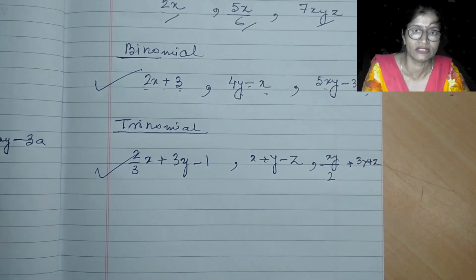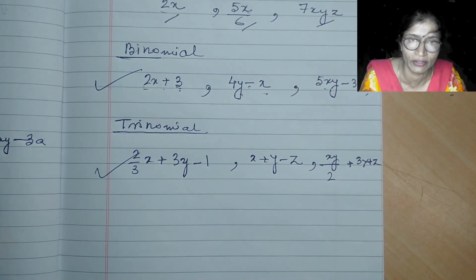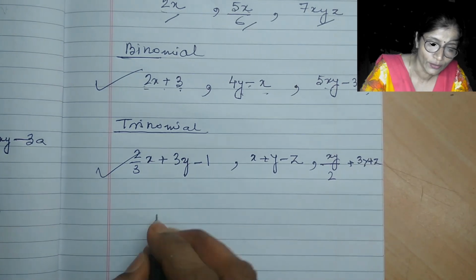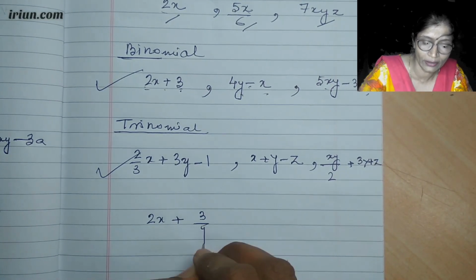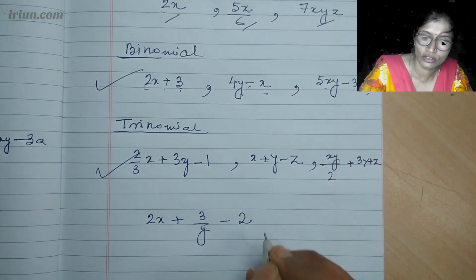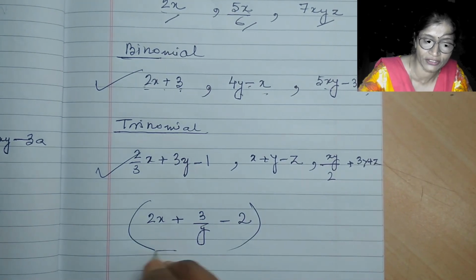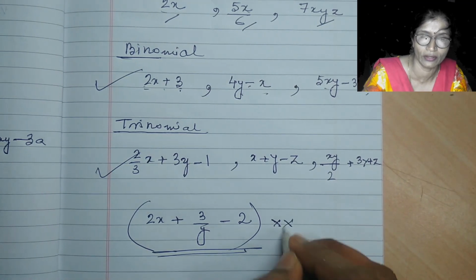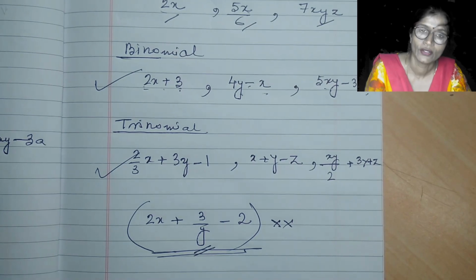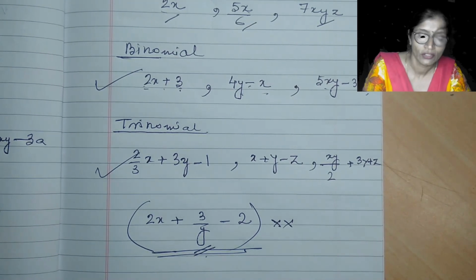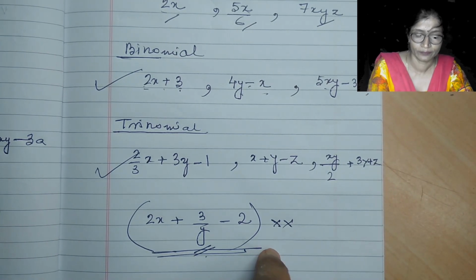Whenever a variable is in a denominator, it will not be a polynomial. Suppose I write 2x plus 3 divided by y minus 2. This expression is not a polynomial because in the denominator you are getting a variable.